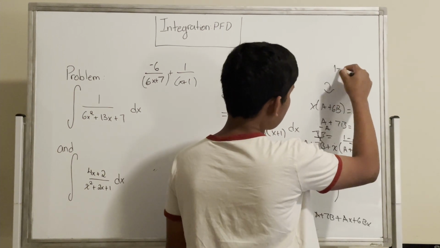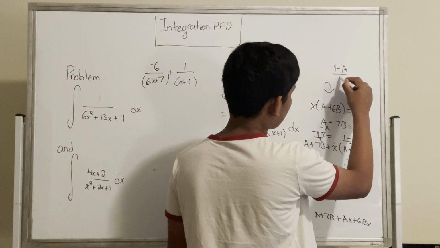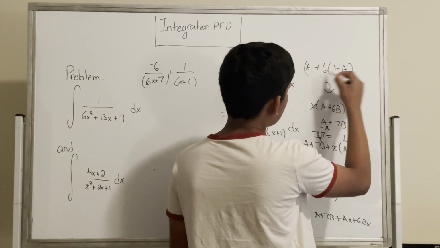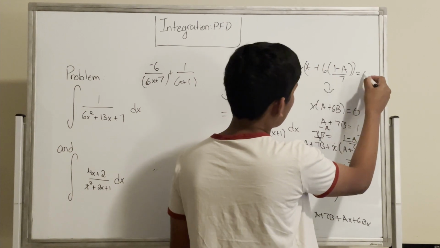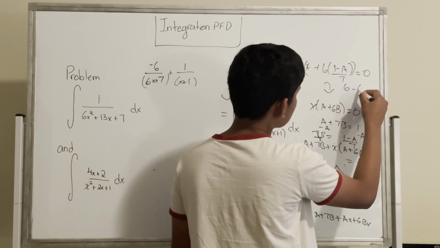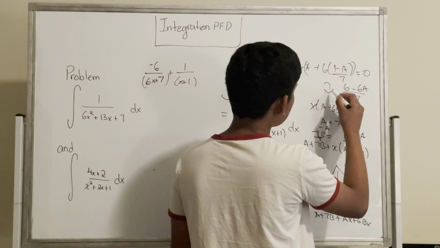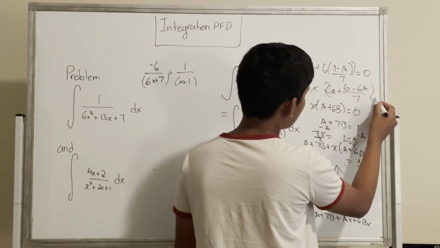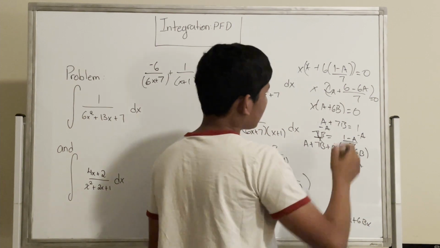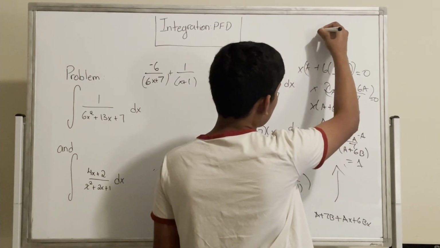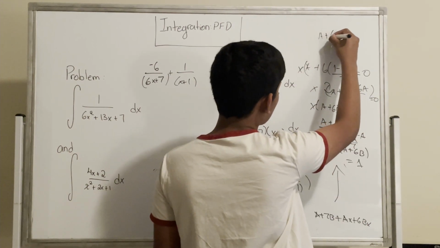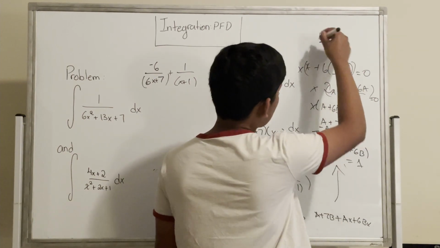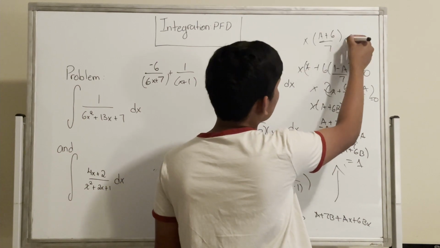So we got 1 minus a over 7 times 6 plus a times x is equal to 0. This will just be 6 minus 6a over 7 plus a times x is equal to 0. And if we do 7a minus 6a, that is a plus 6 over 7, then multiplied by x is equal to 0.